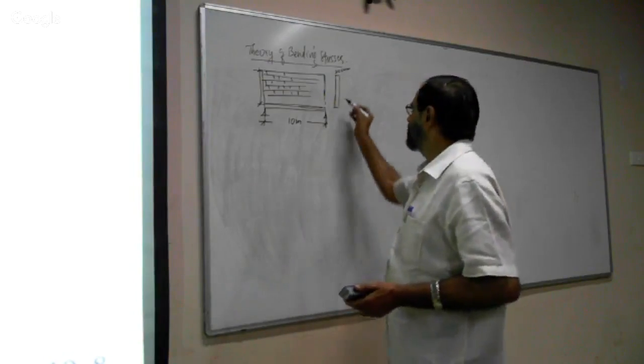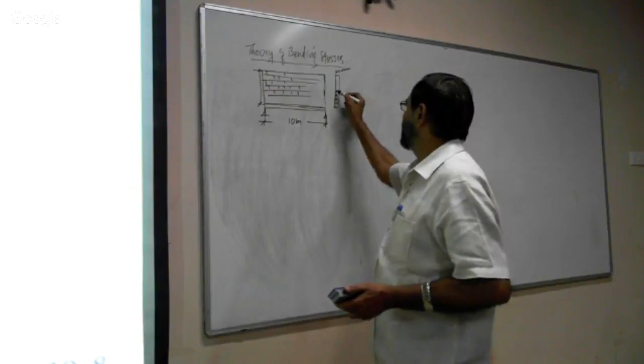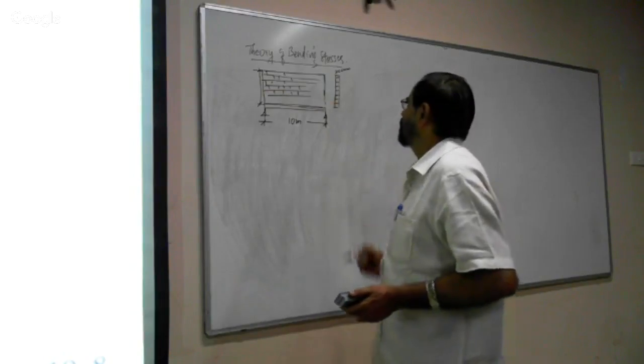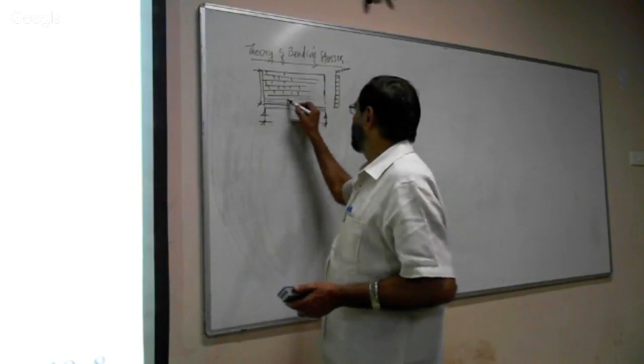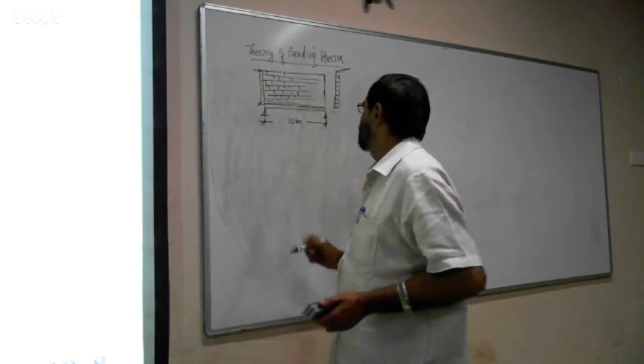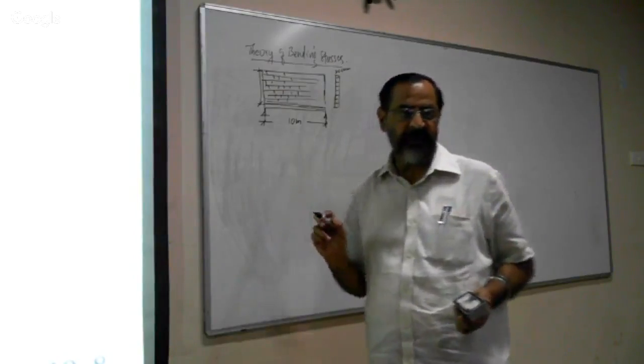The thickness of the wall is 200 millimeter, and this is the wall height. This is not the 10 meter span.